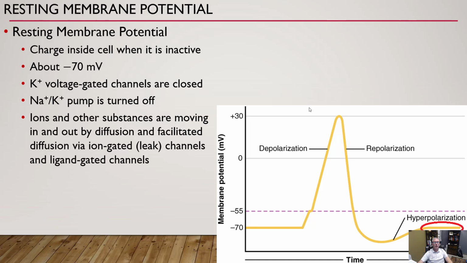All right, so once we get back to our resting membrane potential, remember that's our negative 70. We're going back to an inactive cell, negative 70 millivolts. Remember, our potassium voltage gated channels are shut off. We've turned off our sodium potassium pump because now our cell is at rest.